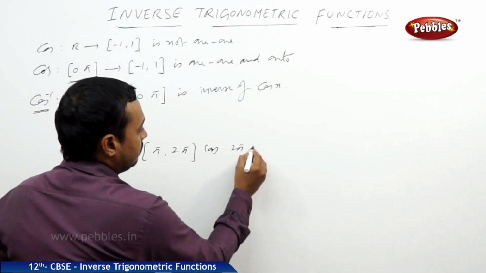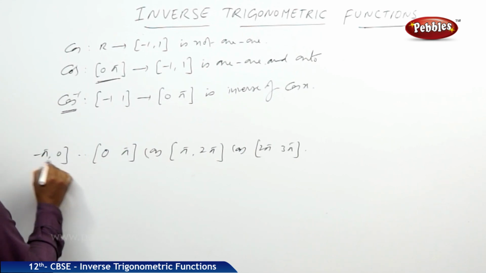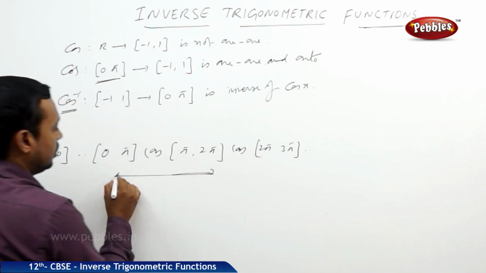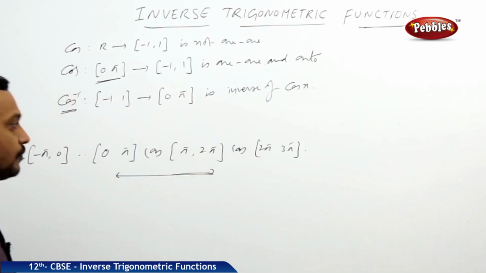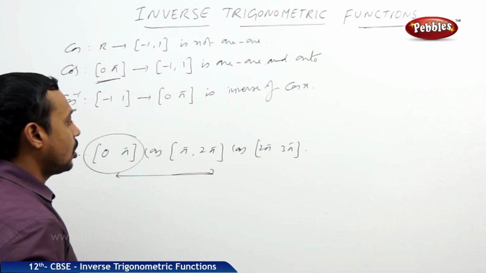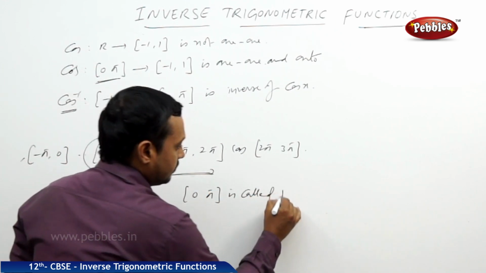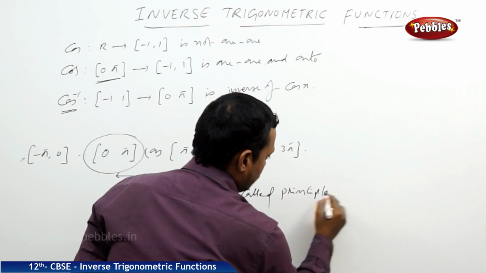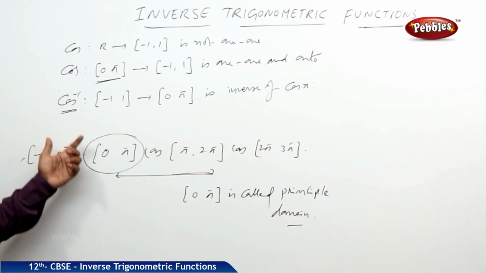Or 2 pi to 3 pi, similarly minus pi to 0, minus 2 pi to minus pi, etc. Now these are all possible intervals to make cos x into a one-one function. But among all these, particularly the interval 0 to pi is called the principal domain or the principal branch of cos x.